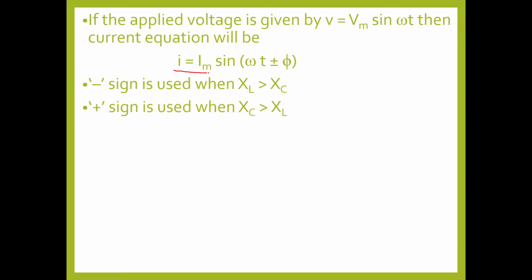So I is equal to Im sin(omega t plus or minus phi). Plus in the case of a capacitive circuit, minus in the case of an inductive circuit. Okay. So here if both a capacitor and inductor are there, if XL is greater than XC, you will consider minus, and if XC is greater than XL, you will consider plus. Okay. And you can even draw the voltage and current waveforms.